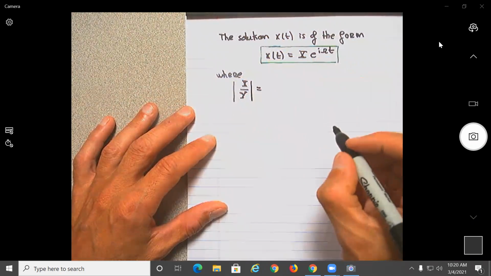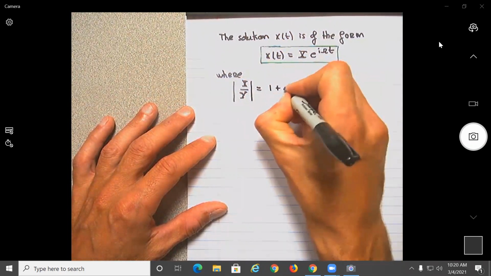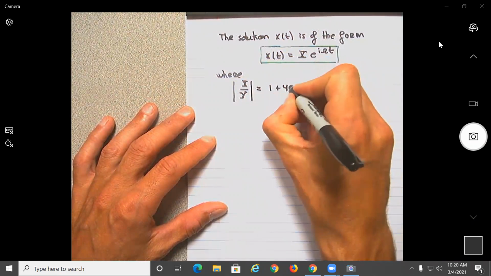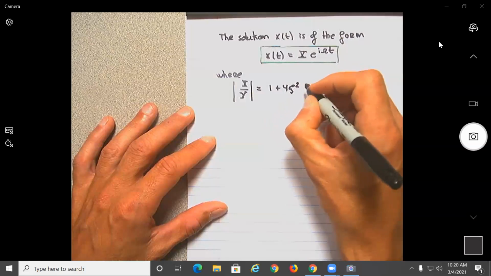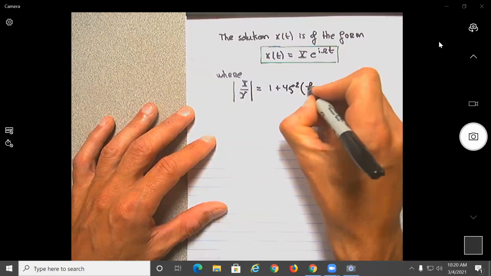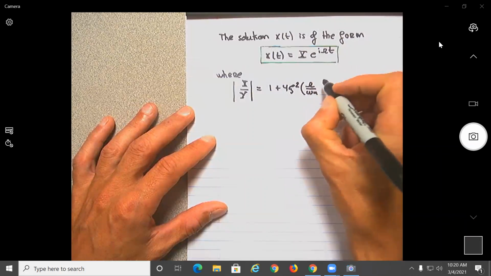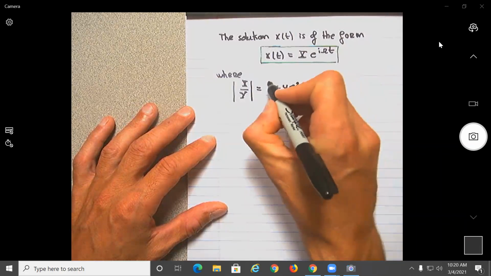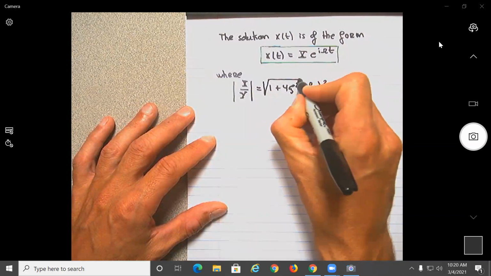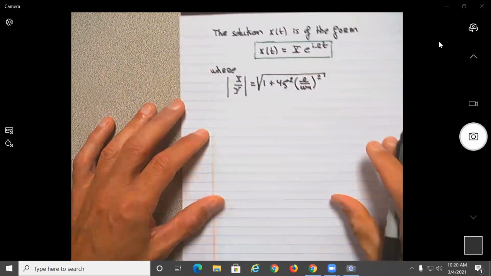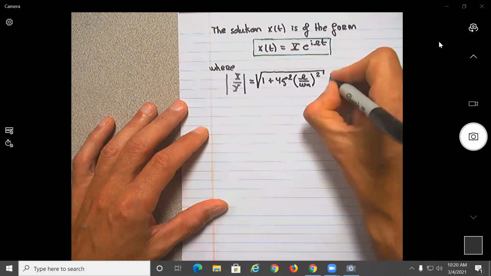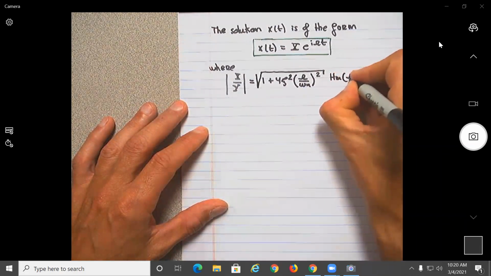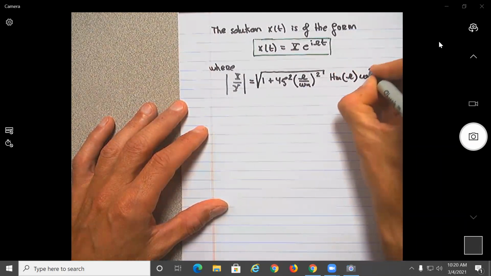We say was equal to the square root of 1 plus 4 damping ratio squared times the ratio of forcing frequency over natural frequency, over the square root of 1 minus the ratio of omega over omega natural frequency squared.